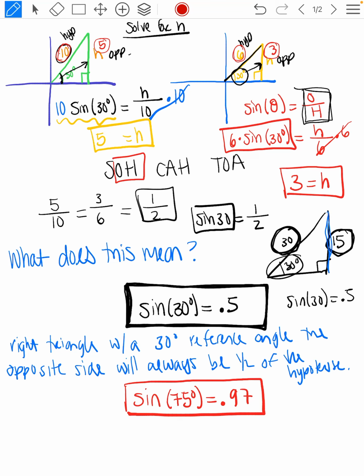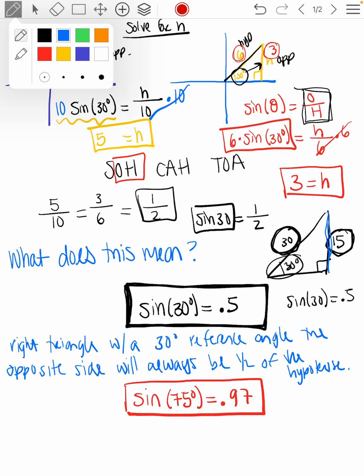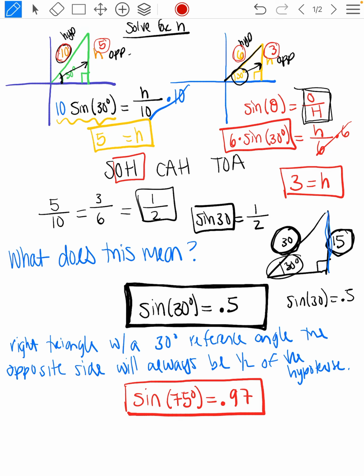Or some folks in my class said in a right triangle with a 30-degree reference angle, the height will always be half the hypotenuse. That is fine as well. Or the side opposite the 30-degree angle will be half of the hypotenuse. But that is what this sine of 30 degrees equals 0.5 means.